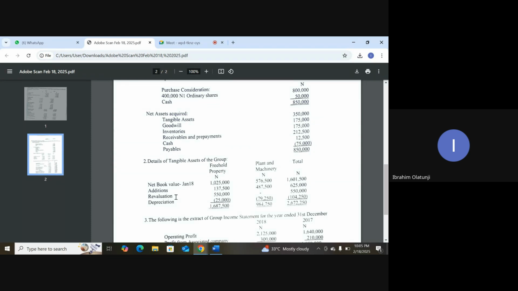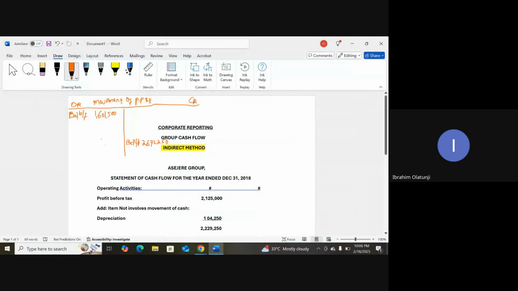Then we have what again? We have revaluation. There's a revaluation. So it means that the company revalued the asset, then we can come up and say revaluation.